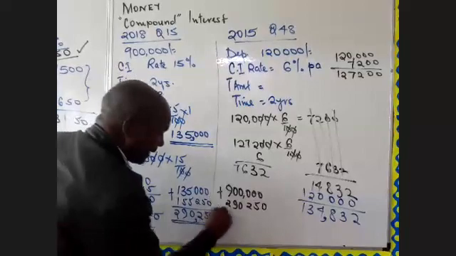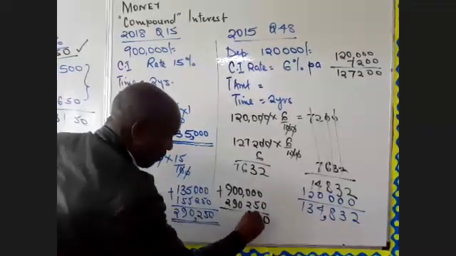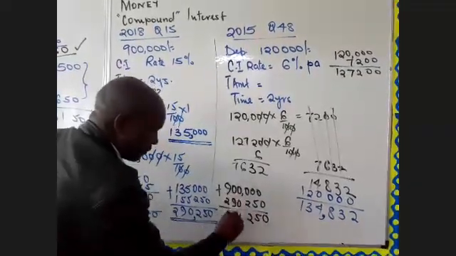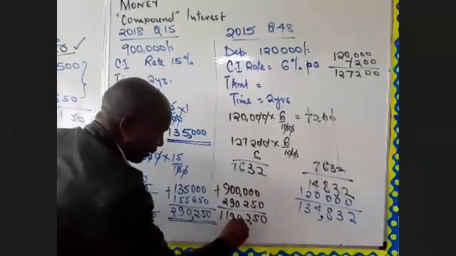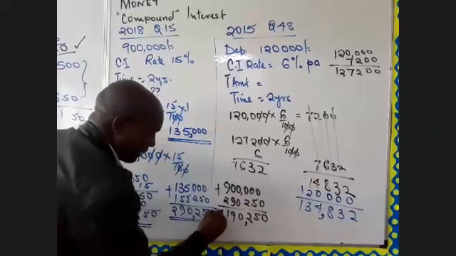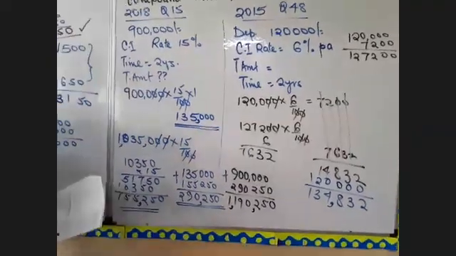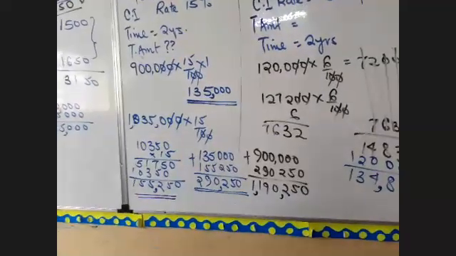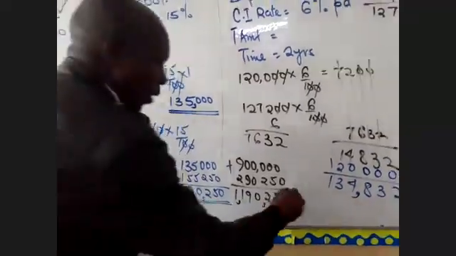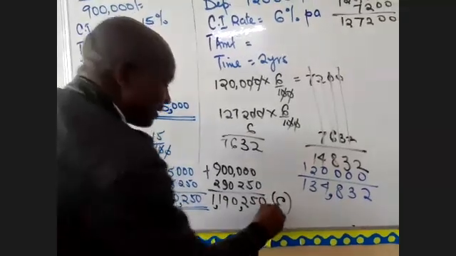When you added, you must have landed on 0, 5, 2, 0, 9, and 11. That's why one of you is saying 1,190,250 to pick on alternative C.